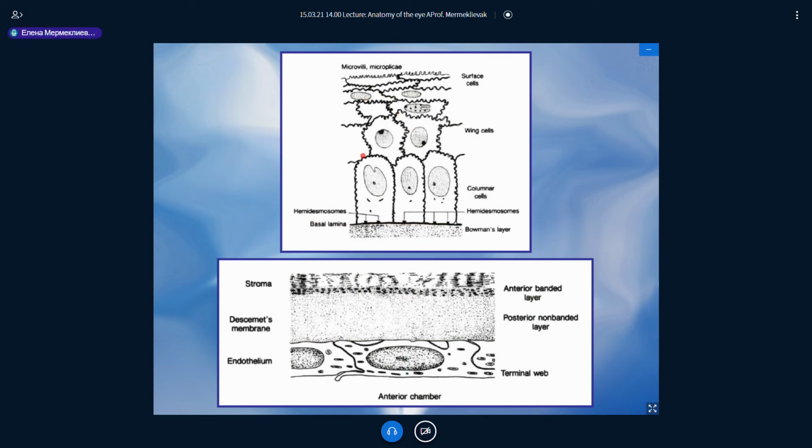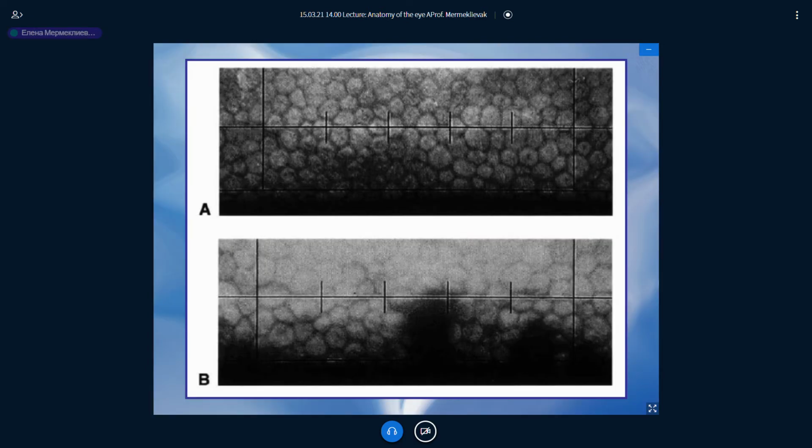And these are the cells of the epithelium of the cornea with microvilli. And this is the configuration of the endothelium with one layer of hexagonal cells.